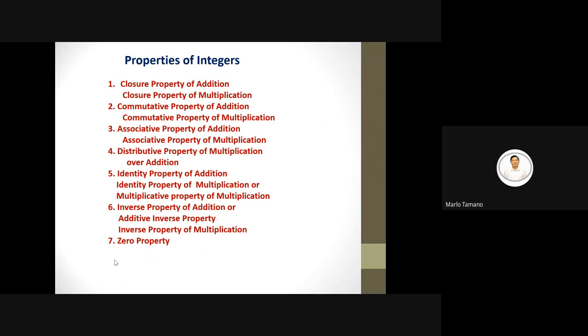Number 4, distributive property of multiplication over addition. 5, identity property of addition, identity property of multiplication or multiplicative property of multiplication. Number 6, inverse property of addition, or we call it additive inverse property or inverse property, and of course, inverse property of multiplication. And the last, of course, zero property.